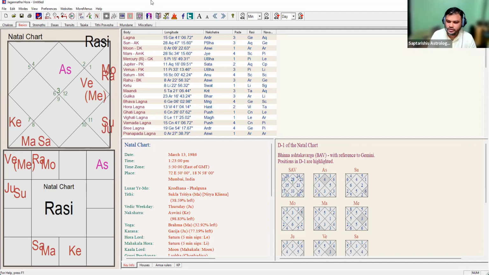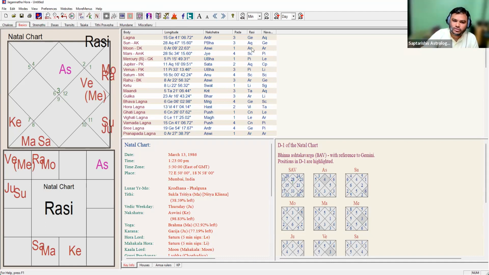Lagna lord Mercury is retrograde in Pisces with Venus. Pisces is the debilitation sign for Mercury. Venus is exalted over here. Mercury is debilitated with retrogression.